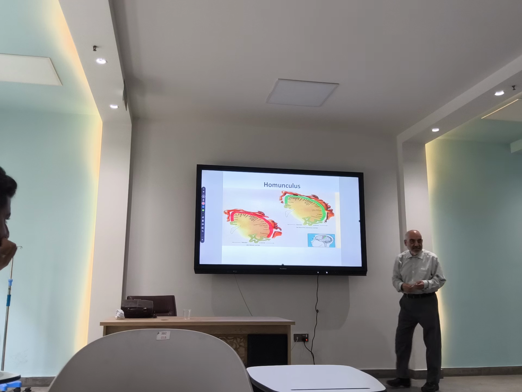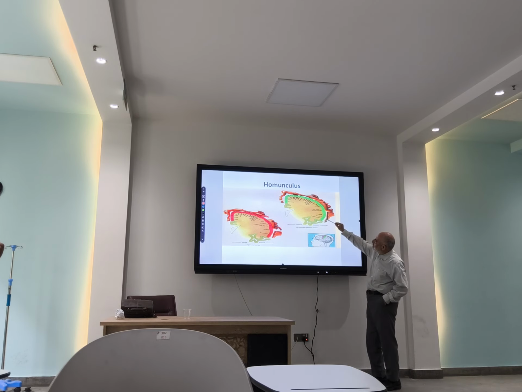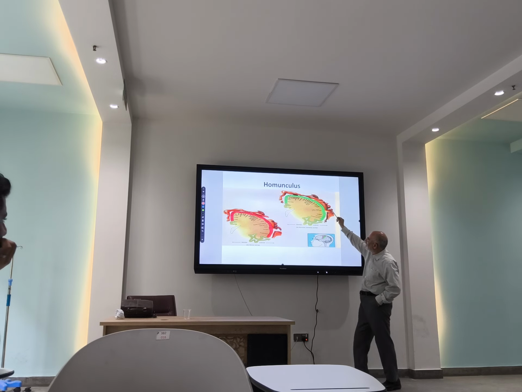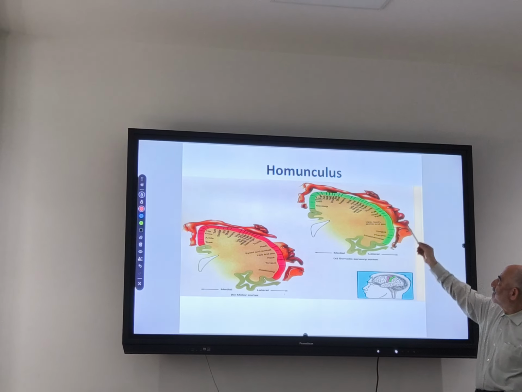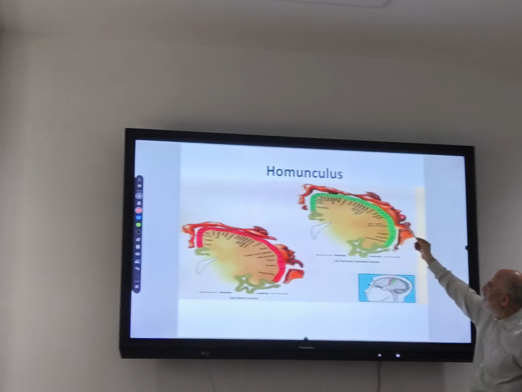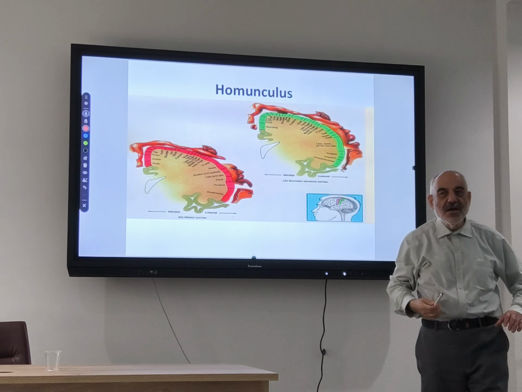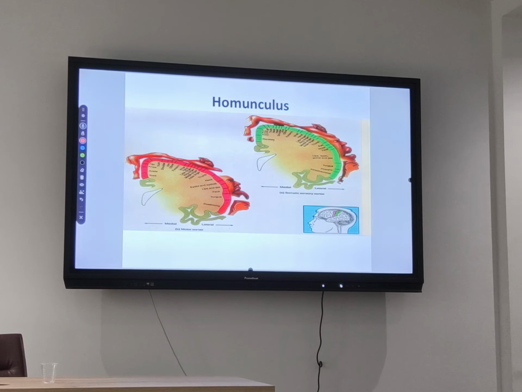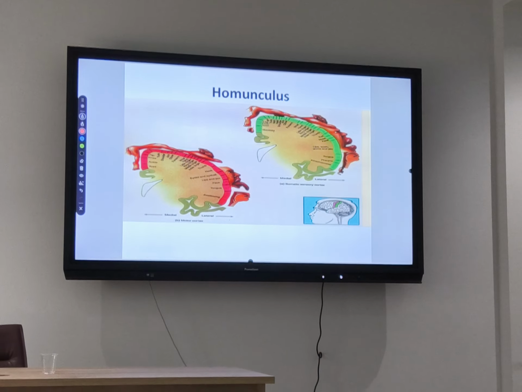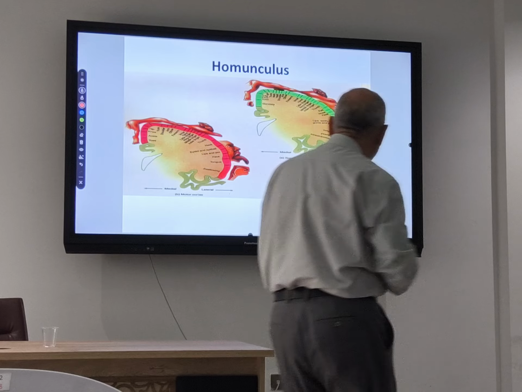Look at here. This figure shows you the homunculus. This is the tongue, pharynx, and intra-abdominal, and this is the face. This is the tongue, as you see, and this is the hand, as you see. Nearly half of the cortical space is occupied by the hand, face, and also some throat and vocal cords.